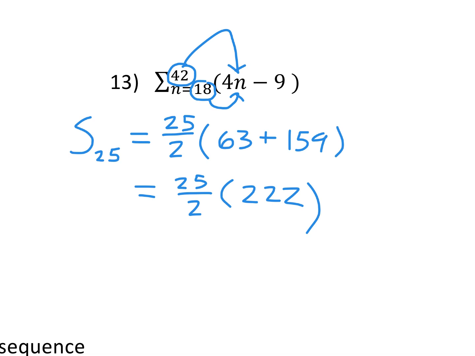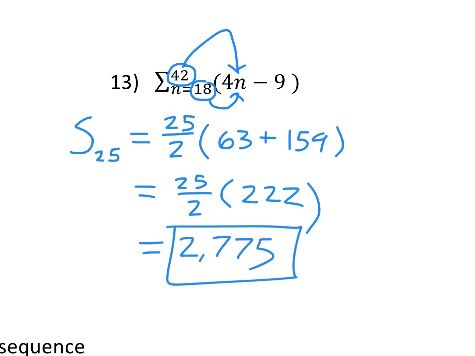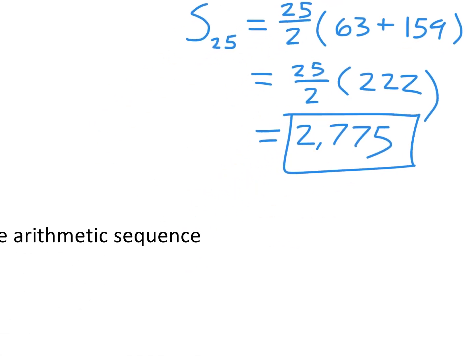All right, so I'd probably give you a calculator for numbers this ugly. You get 2775. All right, and now we have a couple challenge problems.